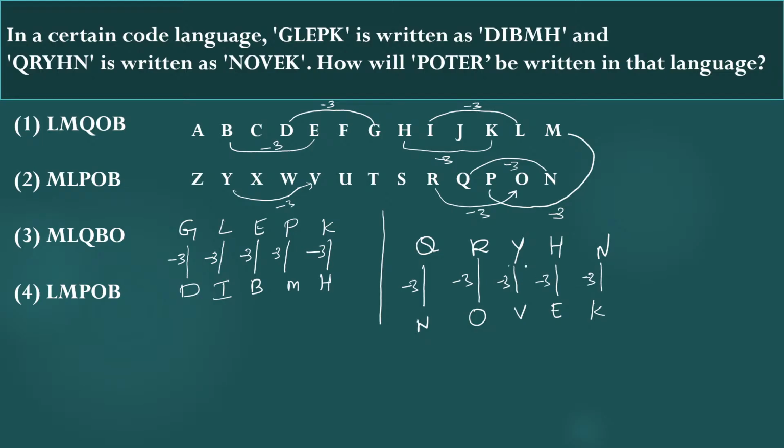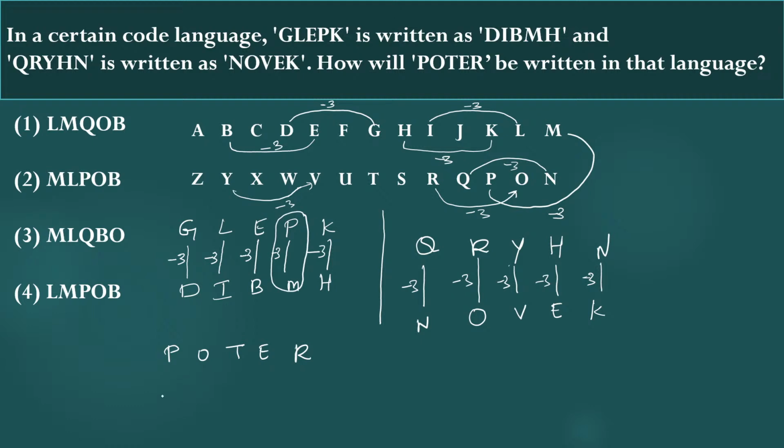So how will POTER be written? Some of the alphabets are already there in the given words. Here P is there, so no need to check again.